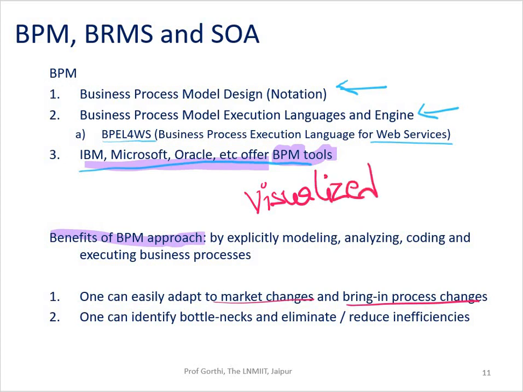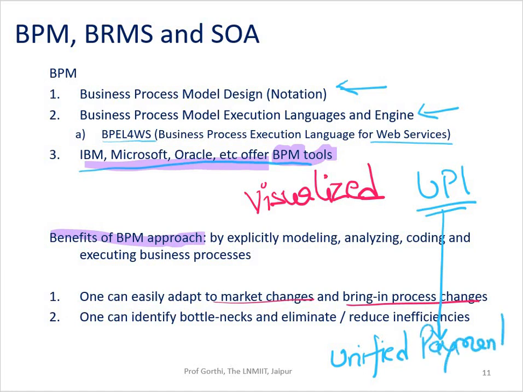Let's say I have this BPM and SOA of a banking system which is 10 years old, and all of a sudden one day the concept of UPI gets introduced. UPI, everyone is aware of, I guess. Unified Payment Interface.